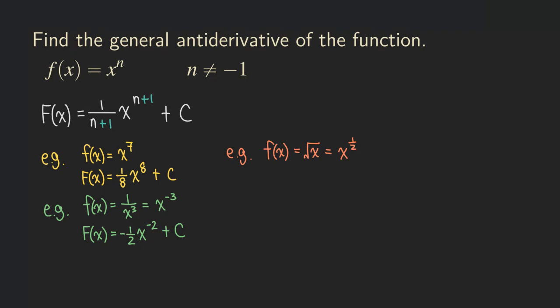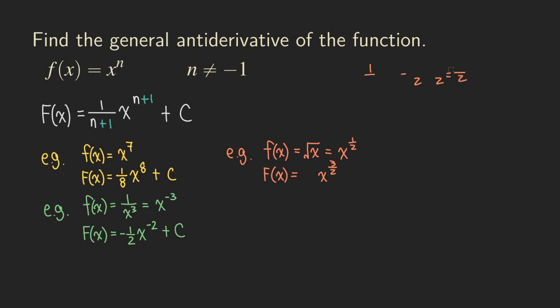And now, when we want to find its antiderivative, what do we get here? That's going to be what? Now leave some space, and then x to the, if you are adding 1 to the 1 over 2, that's going to give us what? 3 over 2, right? So 1 over 2 plus 1 is 1 over 2 plus 2 over 2, because we need to get the common denominator. So we get 3 over 2.